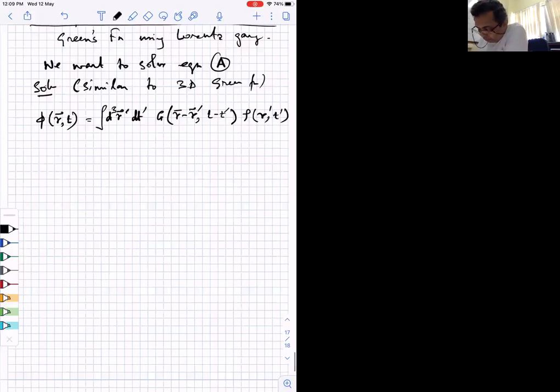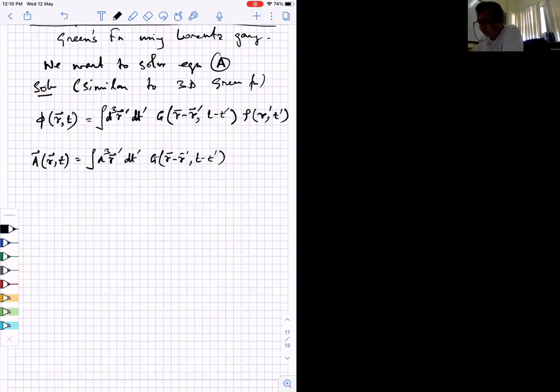The solution for the vector potential A of r and t will be the integral d cubed r prime dt prime, then G of r minus r prime, t minus t prime, and instead of rho now I will have 1 by c times J of r prime, t prime.